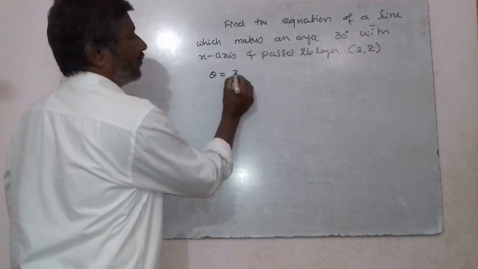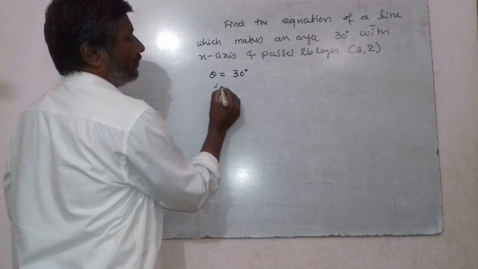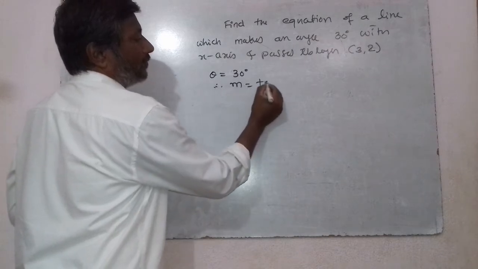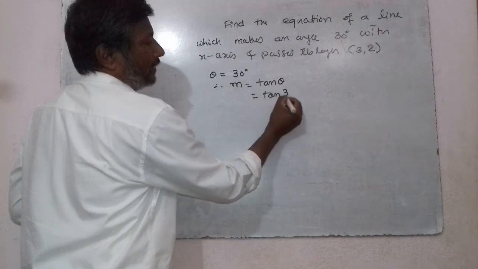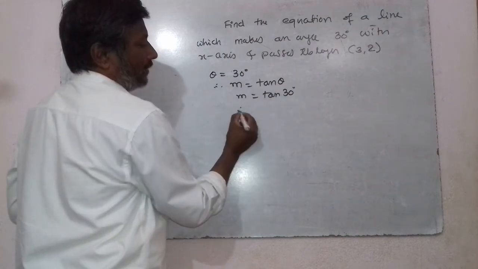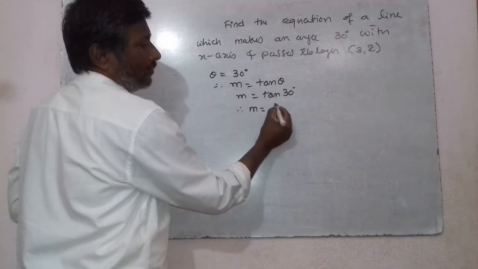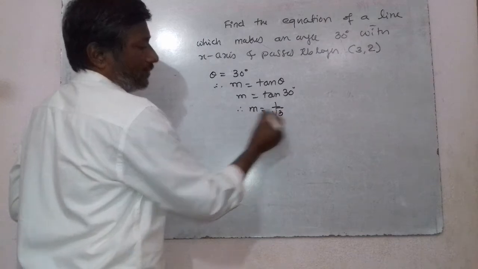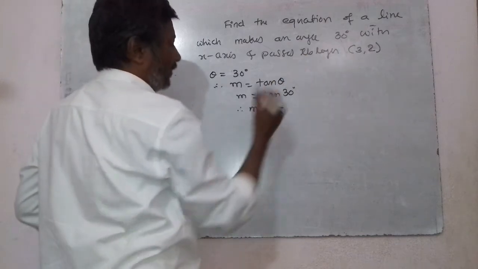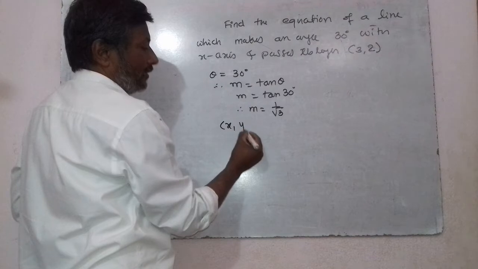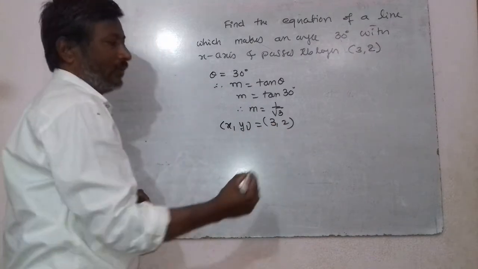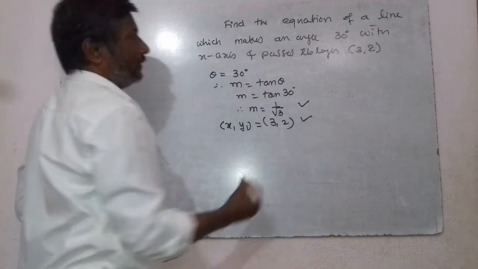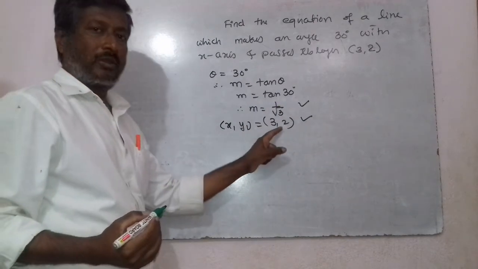Theta is here equal to 30 degrees. Therefore m equal to tan theta, tan of 30 degrees. Therefore m equal to 1 by root 3. The point is given here: x1, y1 equal to 3, 2. So the slope is given, the point is given.